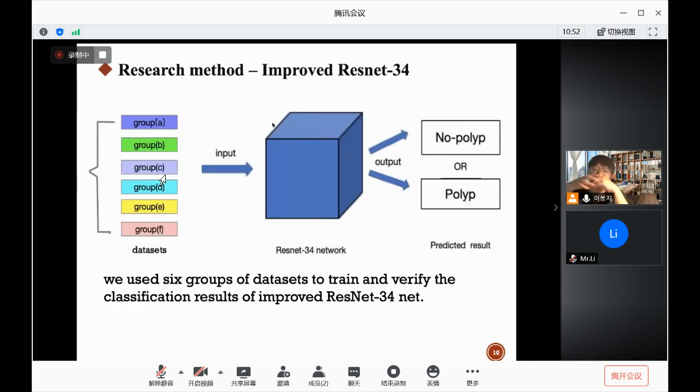We used the six groups of datasets to train and verify the classification results of the improved ResNet34 net.